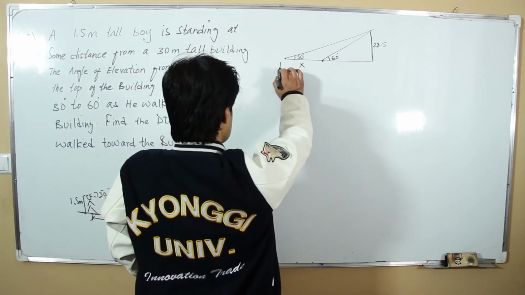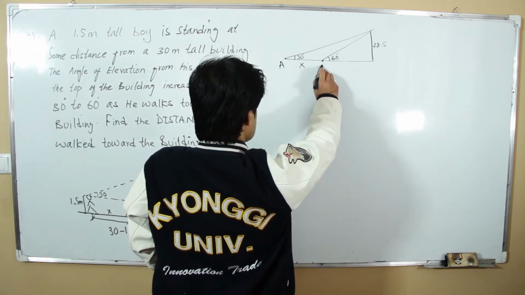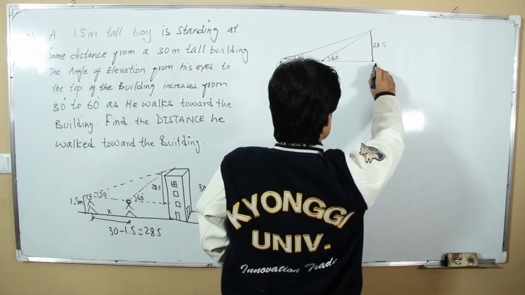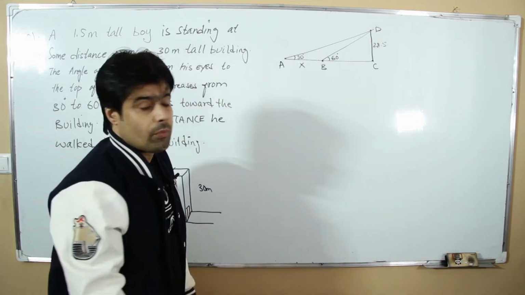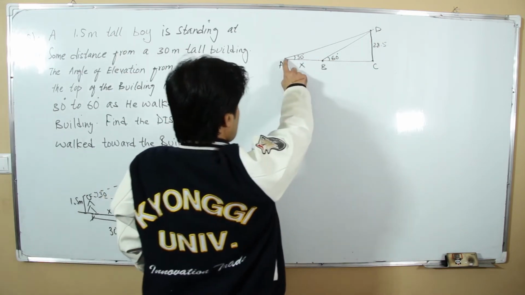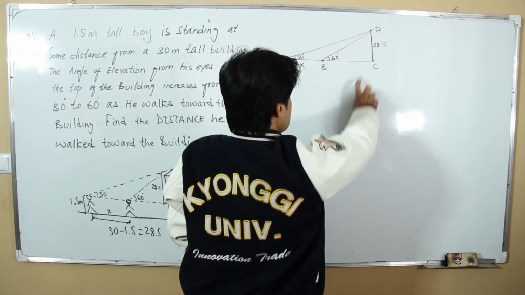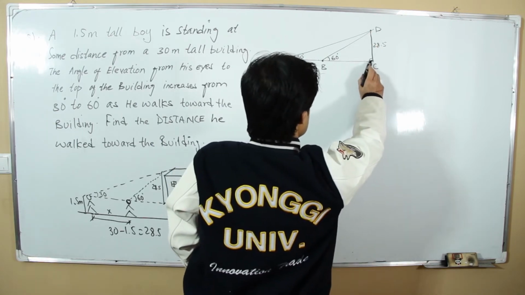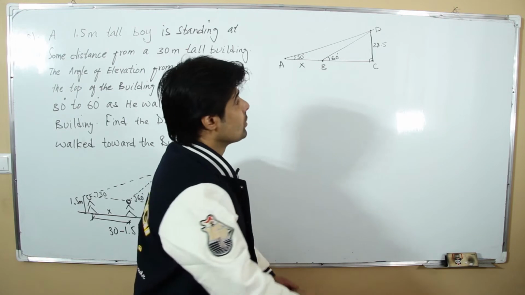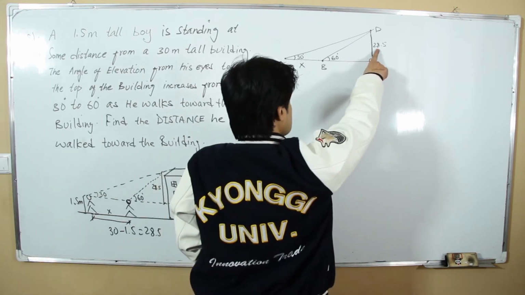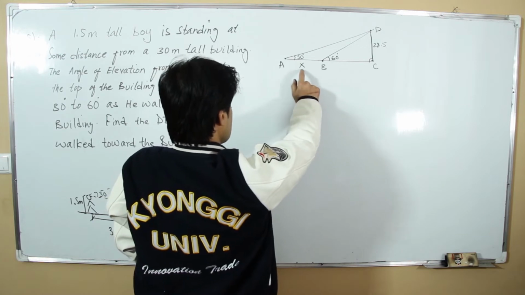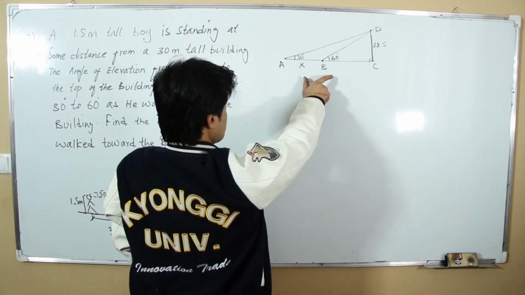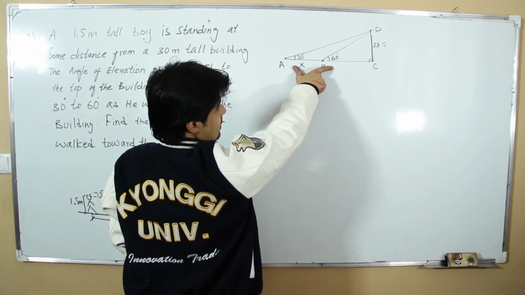Let me have the nomination on this one: A, B, C, and D. Now, for the first one, A, D, and C, it is a right angle triangle in which we have opposite, but the names are given, or the question is on adjacent.